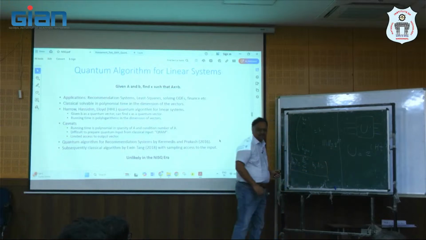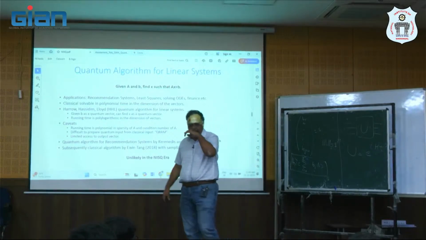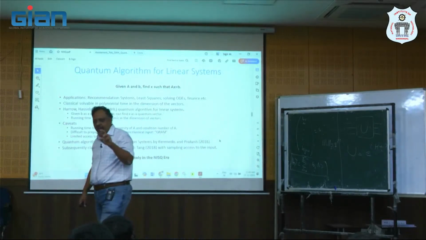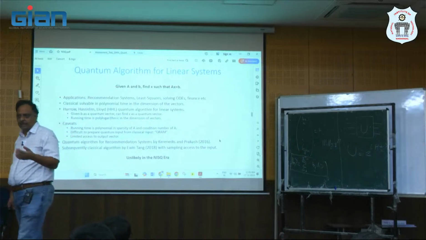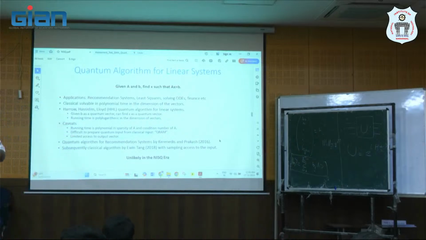This state is an n qubit state, but I have encoded a 2 to the n dimensional vector in that state. That is how they encode this B.